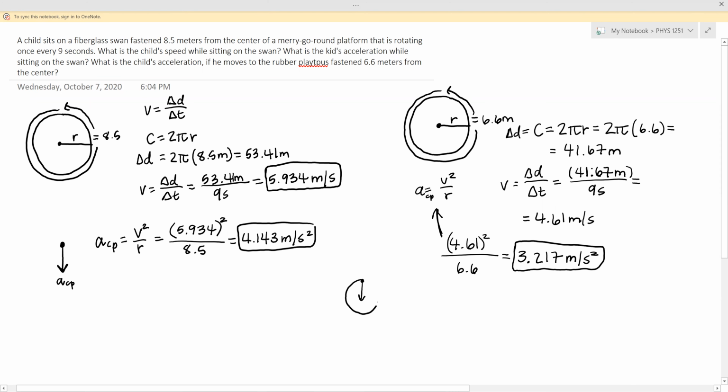And that is how we know that the child's acceleration will be equal to the centripetal acceleration. Thanks for watching.